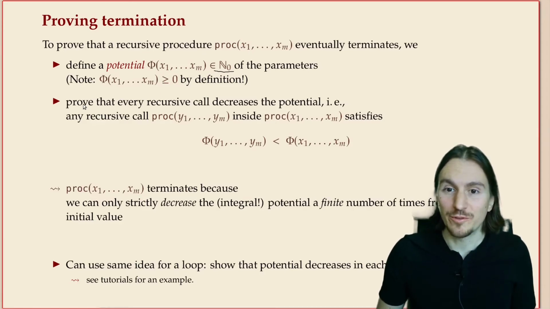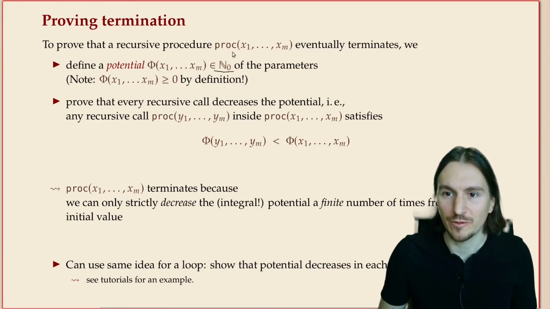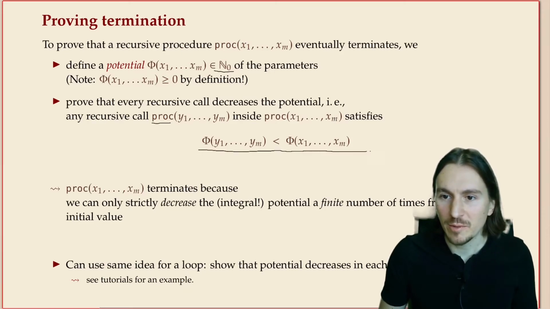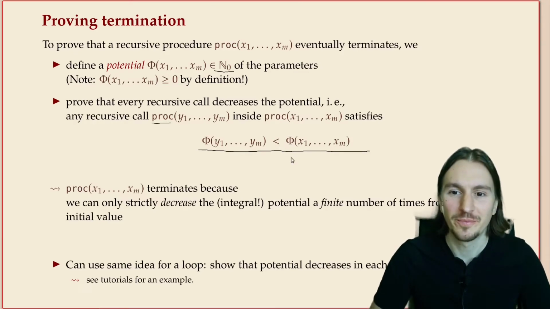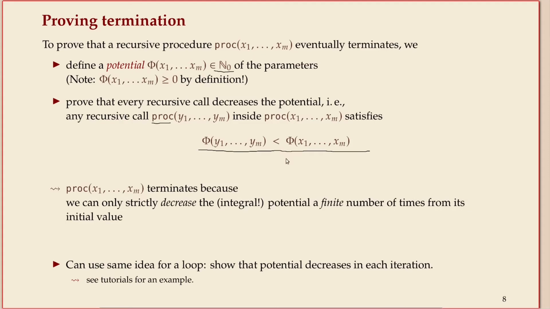The second step we have to prove is that whenever we have a recursive call, we have to look at the code that implements this procedure. And if there's a recursive call to this same procedure again, it will have some other parameters, and they will somehow depend on the initial input. And we have to prove that whenever we do a recursive call, we get strictly smaller in terms of this potential. And that means eventually this procedure has to terminate, because we can only strictly decrease.